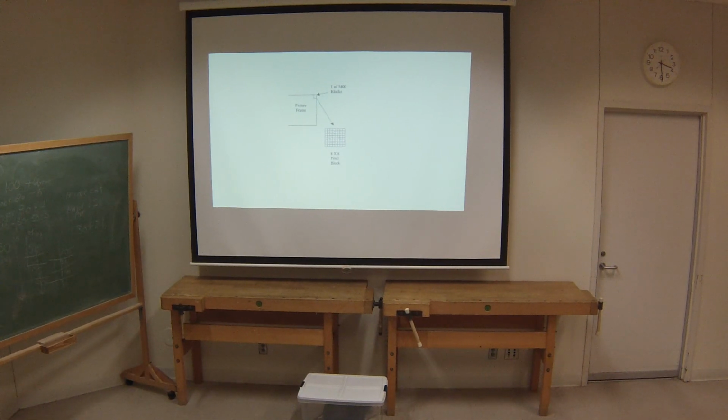Okay, so let's first consider that we are, number one, in the digital domain, and each word in our frame data corresponds to a specific pixel in the spatial domain.